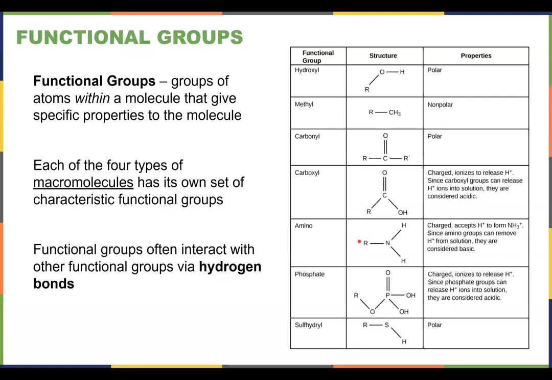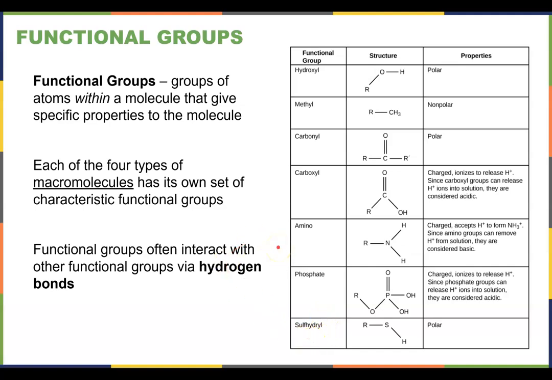Okay. Functional groups. So functional groups are groups of atoms within a molecule that give specific properties to the molecule. Here's a hydroxyl group, so OH, methyl, CH3, carbonyl, carboxyl, amino, phosphate, sulfhydryl.